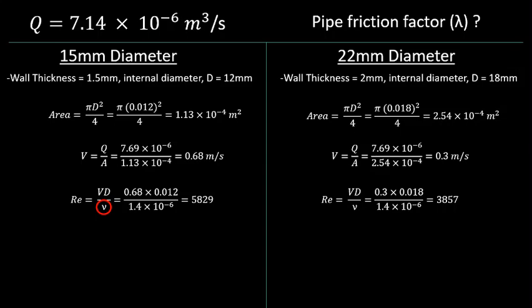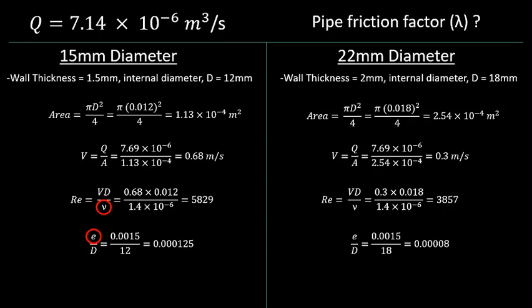The second axis of our Moody diagram we can calculate is that of relative roughness. Similarly here, this depends on this variable E, effective roughness, which is material dependent. Reference books provide effective roughness values for nearly all pipe materials commonly used. In this case, the value for PVC pipes is 0.0015.